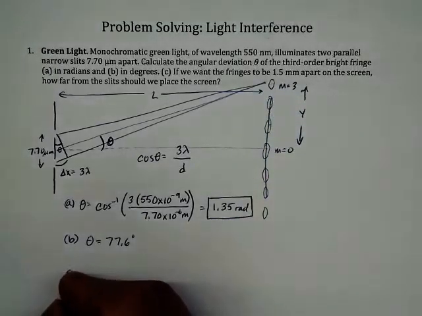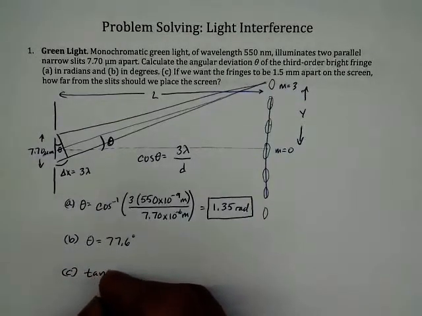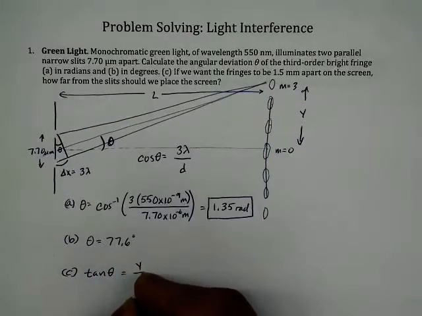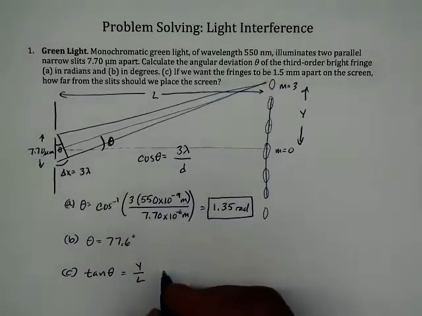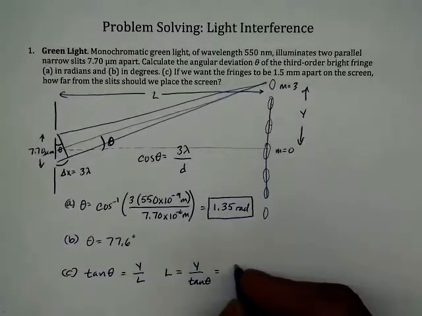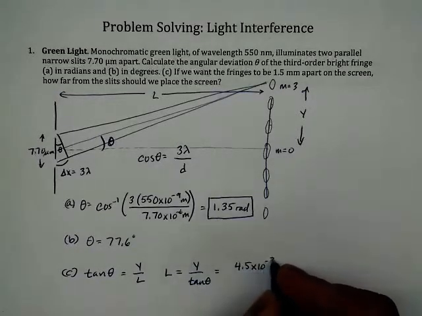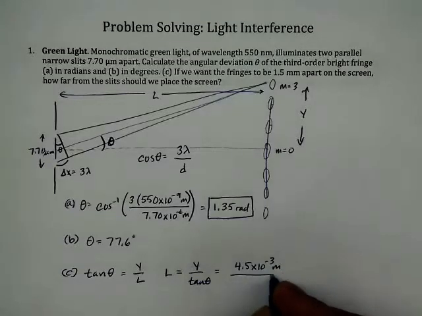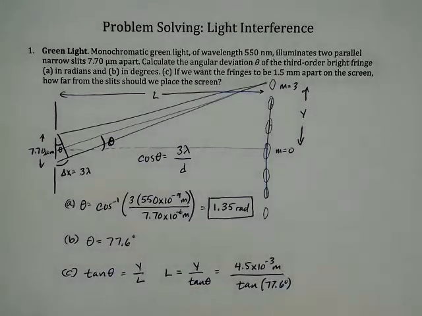So we can write the tangent of theta is going to equal y over L. We're solving for L, so L is equal to y over the tangent of theta. We want y to be 4.5 millimeters, or 4.5 times 10 to the minus 3 meters. And here we're using the tangent of our angle. You can work in radians or degrees. For this, it doesn't really matter.